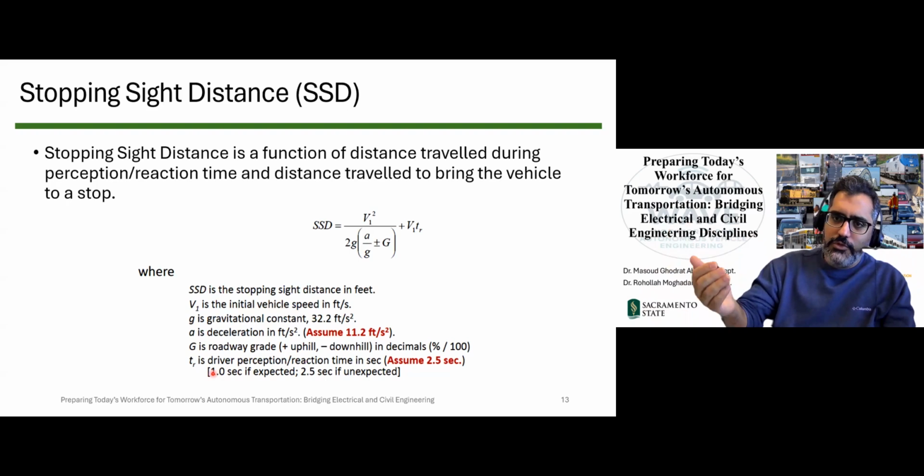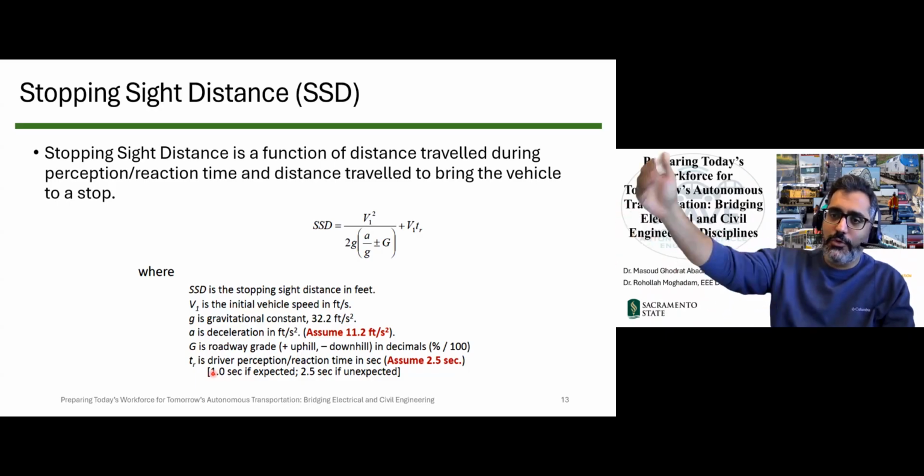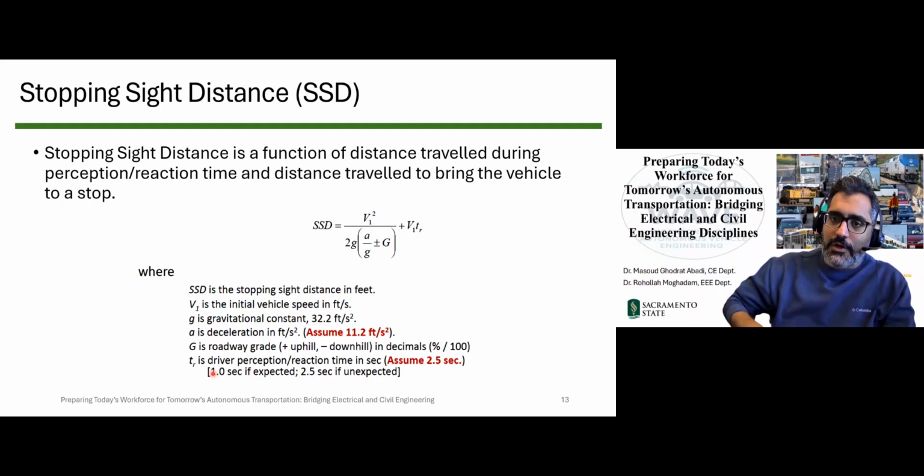You are driving and the signal turns to yellow and then red. That is not equivalent to when you're driving on a rural road and you suddenly see that a tree is broken on the other side and the entire roadway is blocked. These two things are very different from each other. We consider that difference in the reaction time.